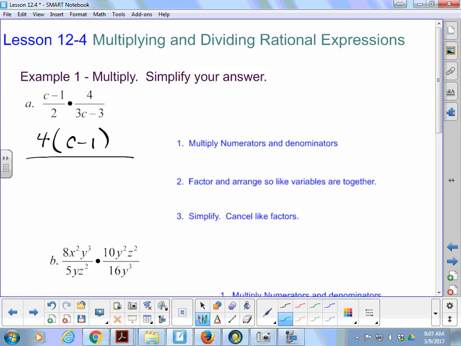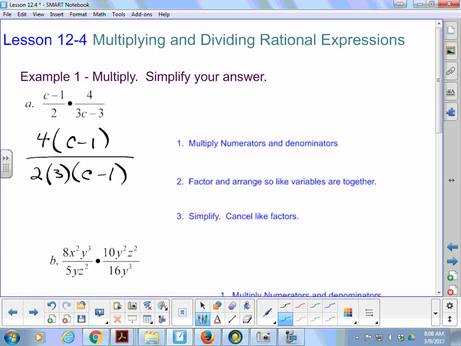Then in the denominator, I've got 2 times, and I'm always looking to factor if I have binomials or trinomials. Well, 3c minus 3, they have a 3 in common, so I'm going to factor out a 3. And then I'm left with c minus 1 when I factor out that 3.